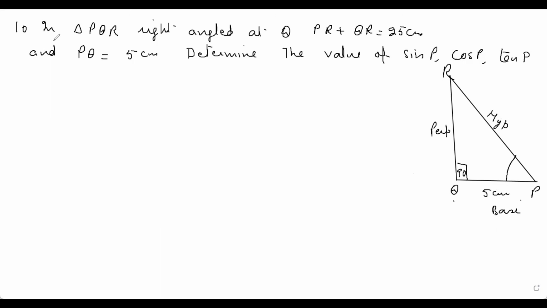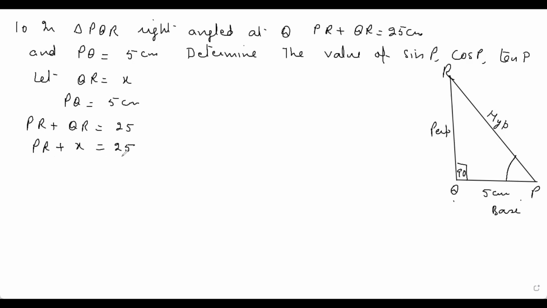And now let QR is equal to x centimeter. PQ is given 5 centimeter. Now we have PR plus QR is equal to 25 centimeter. I am to find the value of PR. This is X and this is 25.